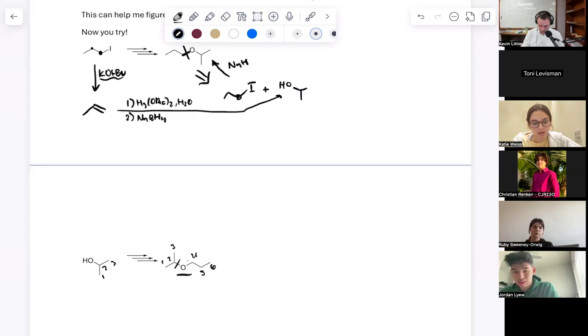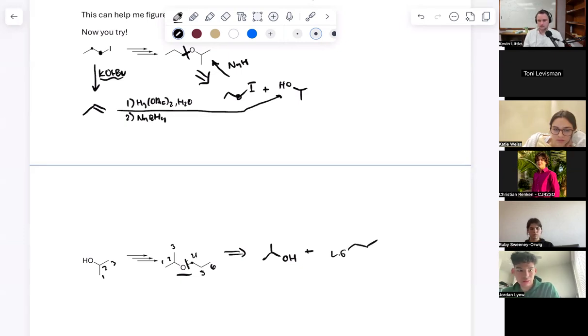If I cut here, my leaving group would be secondary. If I cut here, my leaving group would be primary. So I'm going to do this. Do you guys agree? Were you able to get this as targets? We've got to make these now.